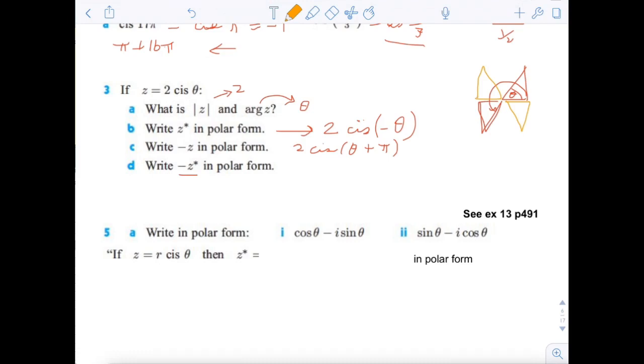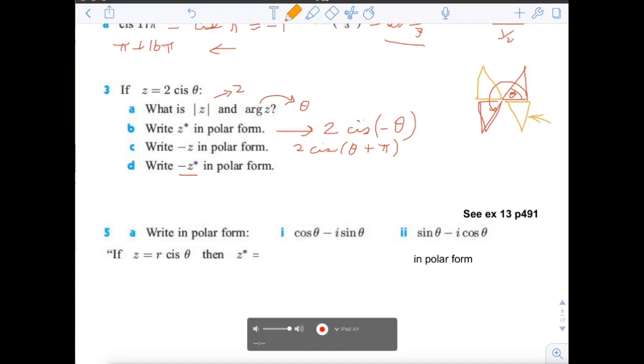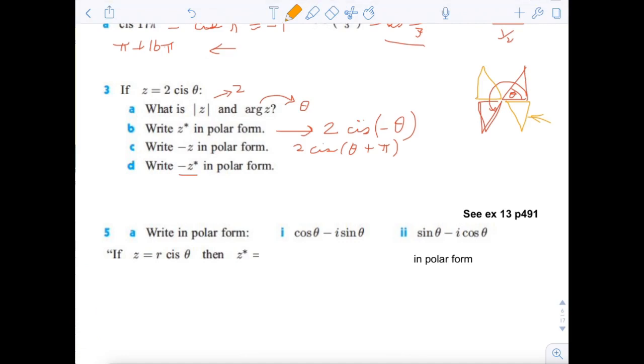When you have negative z conjugate, you need to respect PEMDAS here. And I'm assuming that the conjugate takes precedence. So you need to do the conjugate first. If you do the conjugate first, I get this orange reflected triangle here. Then when I take the negative, I get this one here. So actually it doesn't matter.